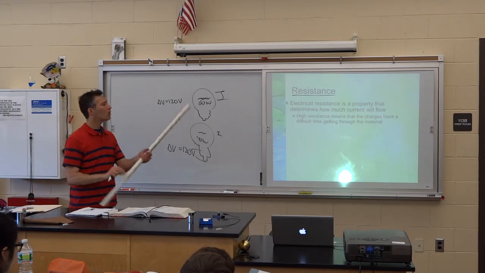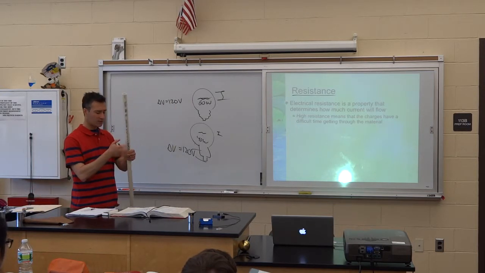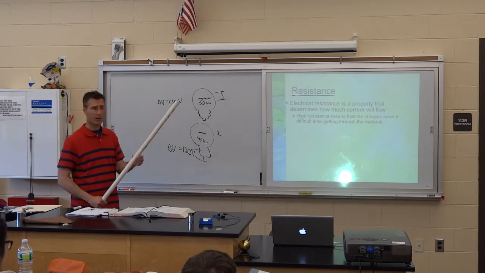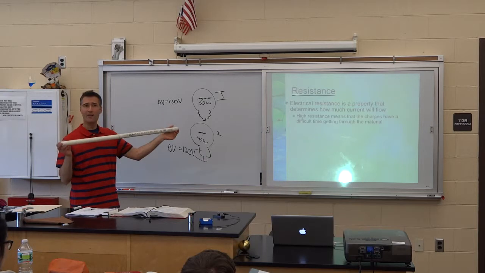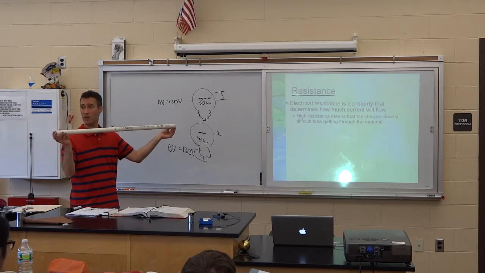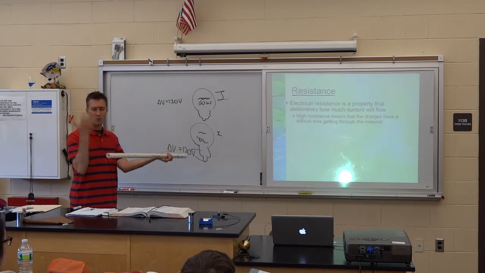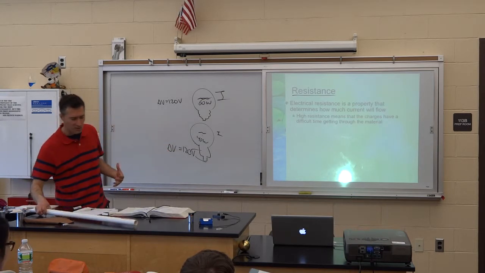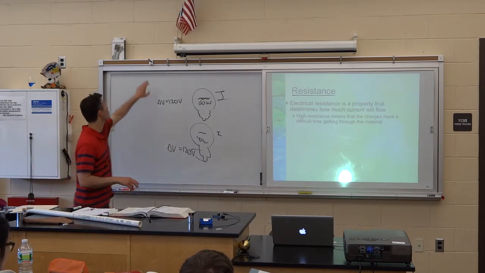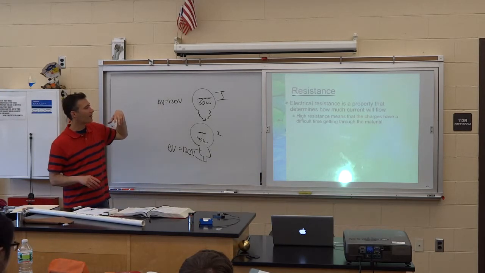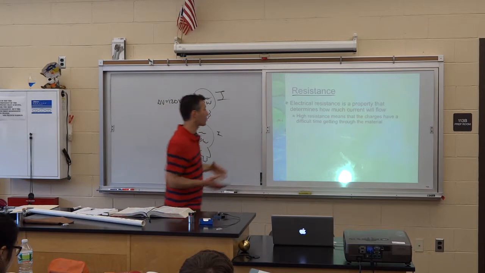So this is my PVC rod, and we said this is a good insulator. So this would have a resistance that makes it really difficult for charges to move through. Insulators would have one extreme of resistance, and then conductors, the aluminum edge of the whiteboard, would have the other extreme of resistance.